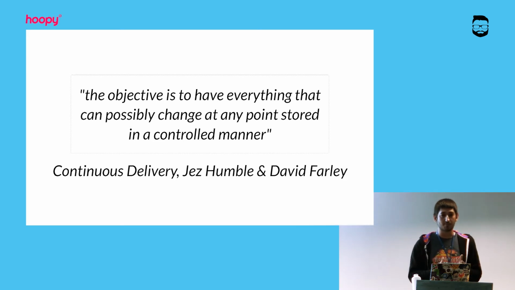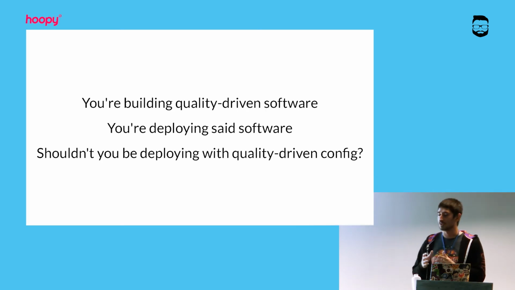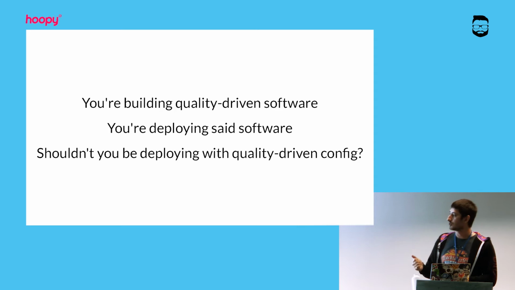So you're building quality-driven software. You're building something that you want your customers to love. You want to not get called up in the middle of the night because everything's broken. You're deploying that software, but you should also be deploying with the same quality-driven config as the quality-driven application.